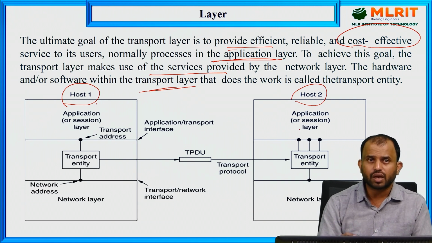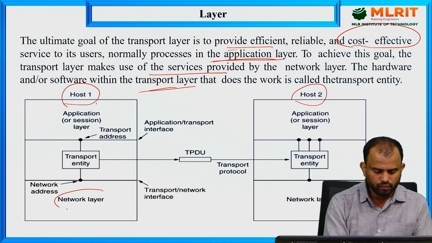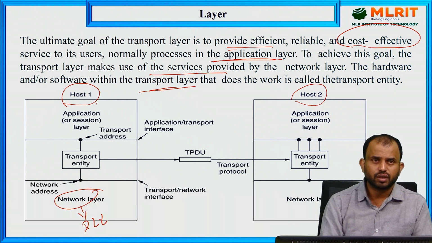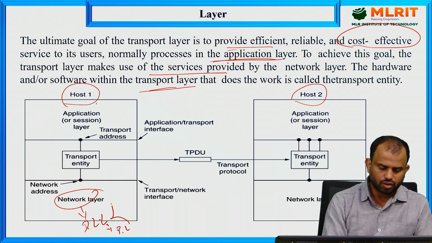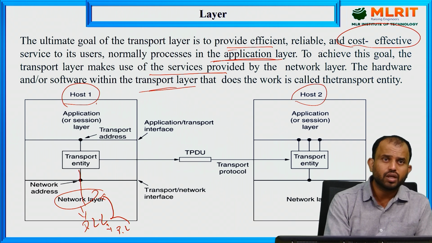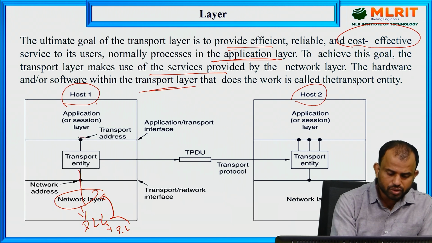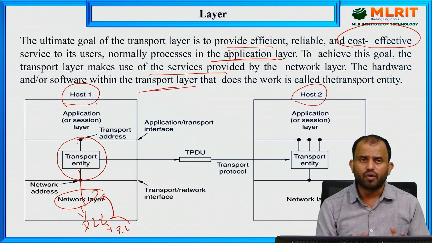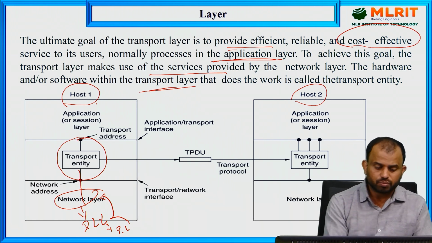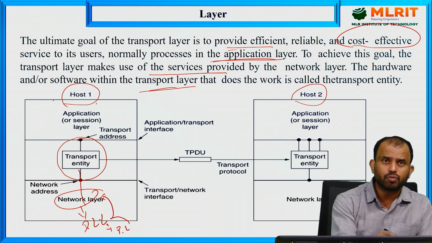But how is it transmitted? The information goes from the physical layer to the data link layer to the network layer. Here the network layer is continuously connected to the transport layer. Here we establish this transport entity, which means any kind of hardware or software connection should be present in the same network layer within the transport layer. So based upon the transport entity only, they can accommodate this.